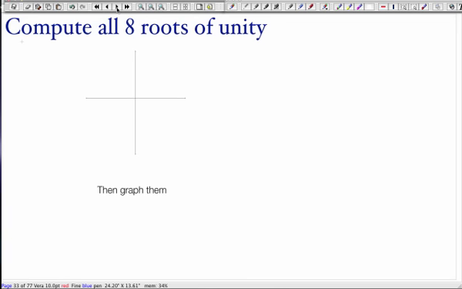And a very convenient way of showing what these numbers are is to graph them. So this right here is the imaginary axis, and this is the real numbers. So you can basically graph them on such a plane, right? So omega 0 of 8, we've already done omega 1 of 8, right? Omega 1 of 8 was basically 1 over square root of 2 plus I over square root of 2. And so I'm going to try to approximate here.